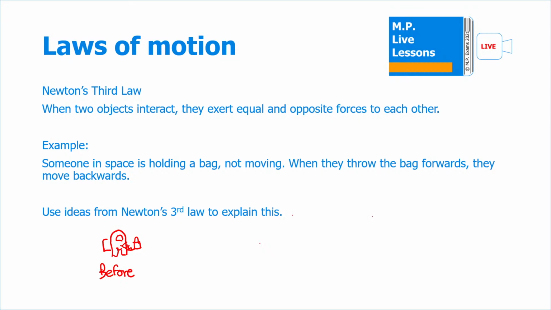Now, when there's a forward force acting on the bag, there is an equal and opposite force acting on the astronaut. So they go backwards. In other words, the astronaut pushes the bag forwards and the bag pushes the astronaut backwards.